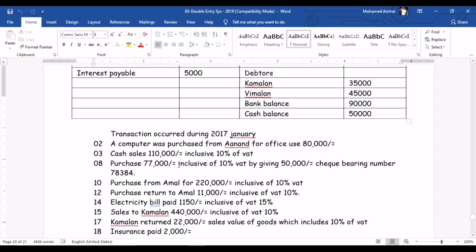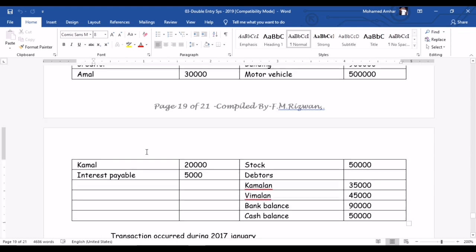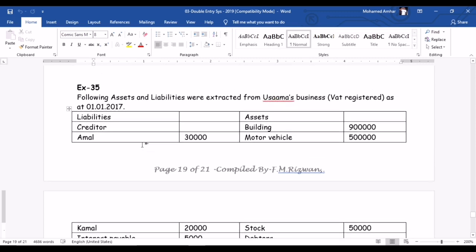So the opening balances, you have to record in the general journal. The general journal is the prime entry book for recording the opening balance. You know that we can't transfer the amounts to ledgers directly.